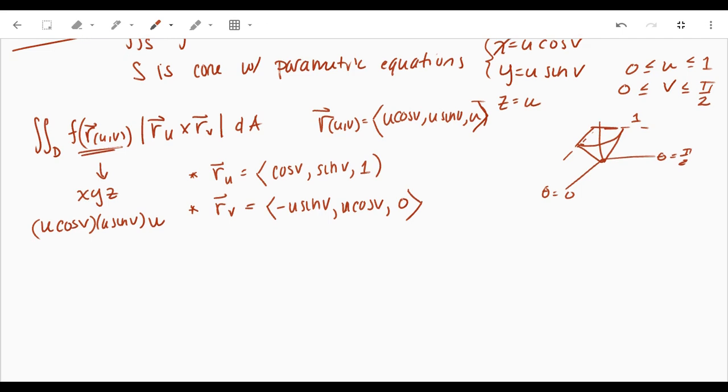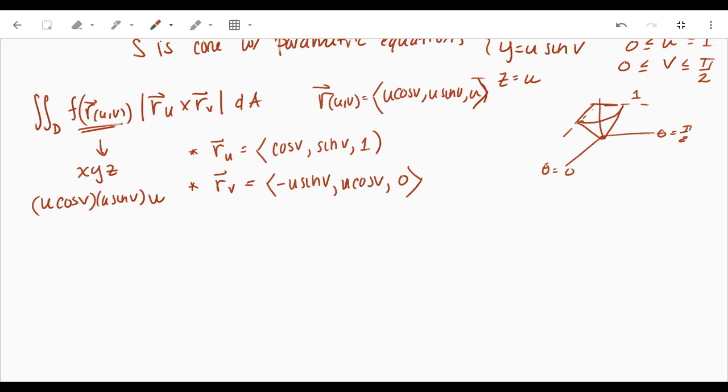So there you go. We're going to do the cross product, and then take the magnitude of it. We do the i, j, k: cosine v, sine v, 1, and negative u sine v, u cosine v, and 0. When we do our i's, we're going to have negative u cosine v.